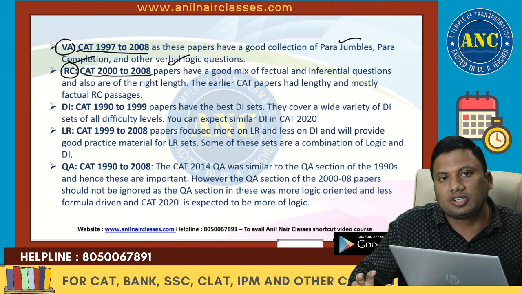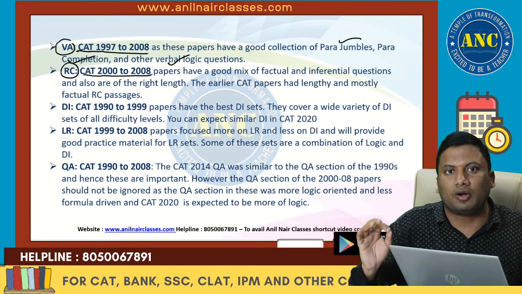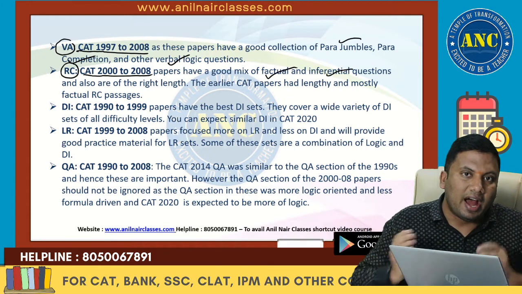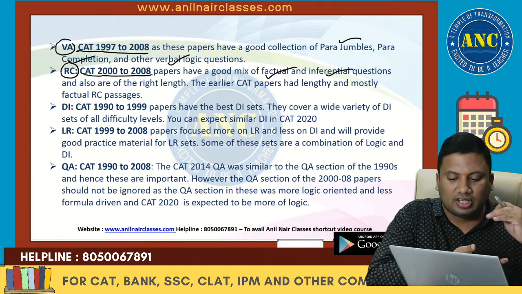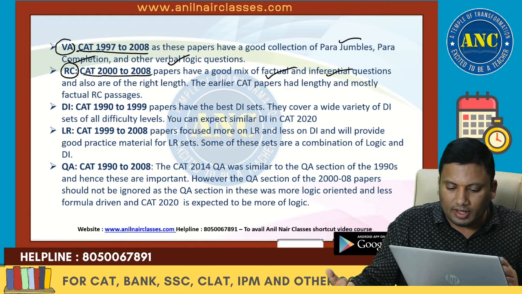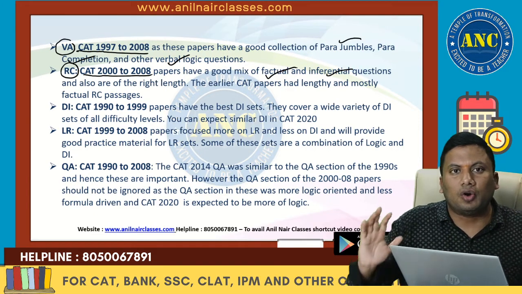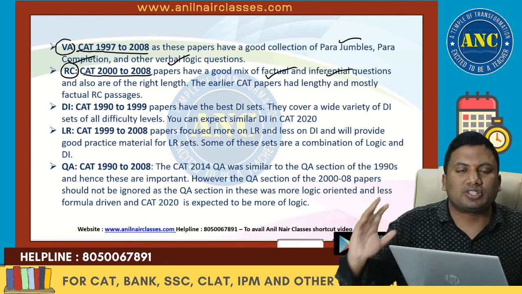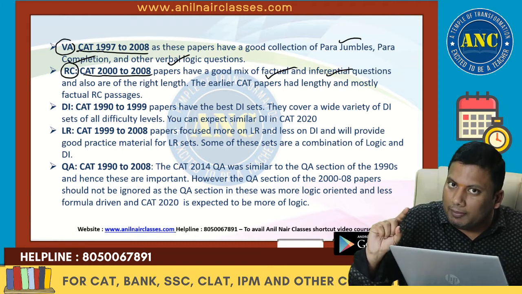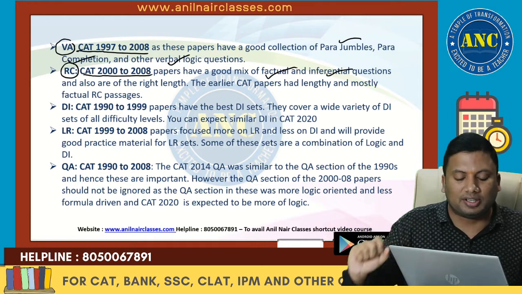Because the RC questions in the 2000 to 2008 papers contain a good mixture of fact-based and inference-based questions, and the length of the RC passages is closer to the CAT 2019 passages. All of this is a very handy toolkit for understanding the likely CAT 2020 paper. Verbal ability 1997 to 2008, RC 2000 to 2008.